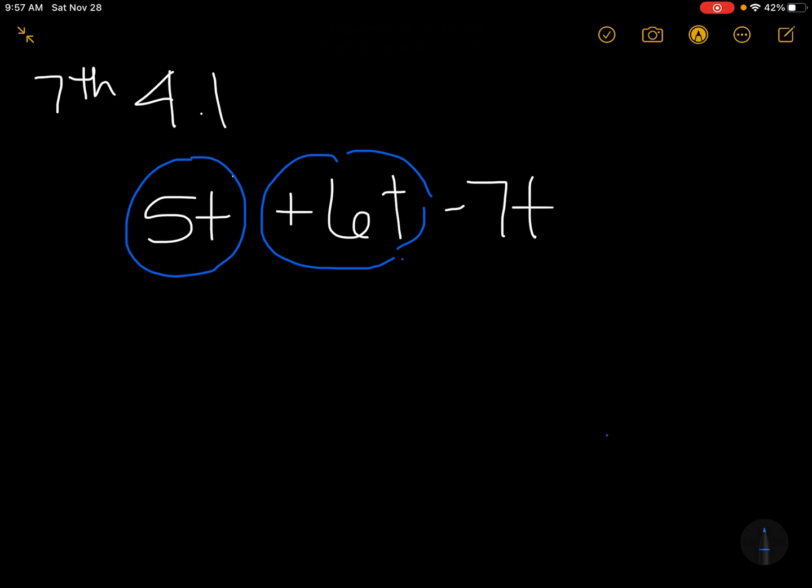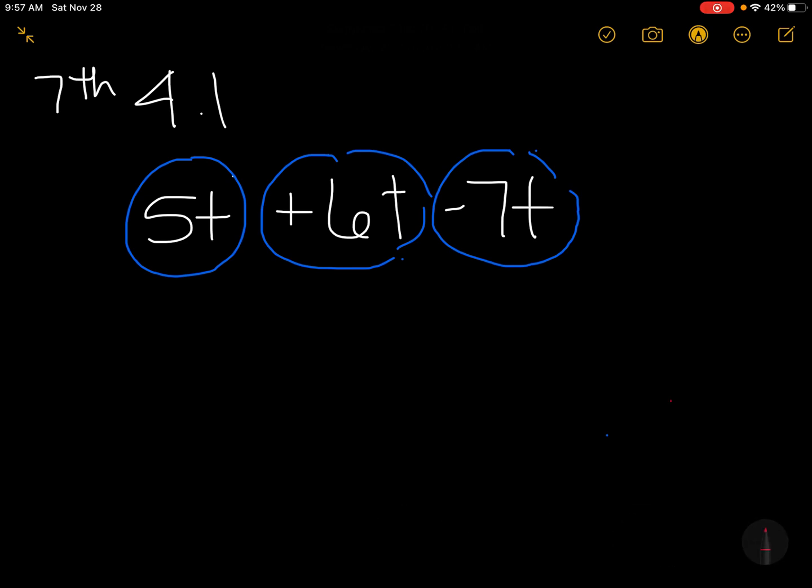They have a different number of t's attached, but they are still t's. 7t. Okay, so these are all going to be circles in this example. They're all something that we can put together because the only variable that's attached to these is a plain Jane t.